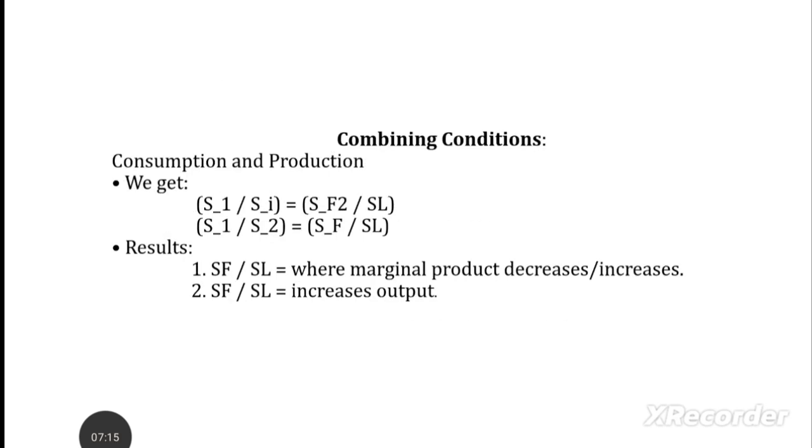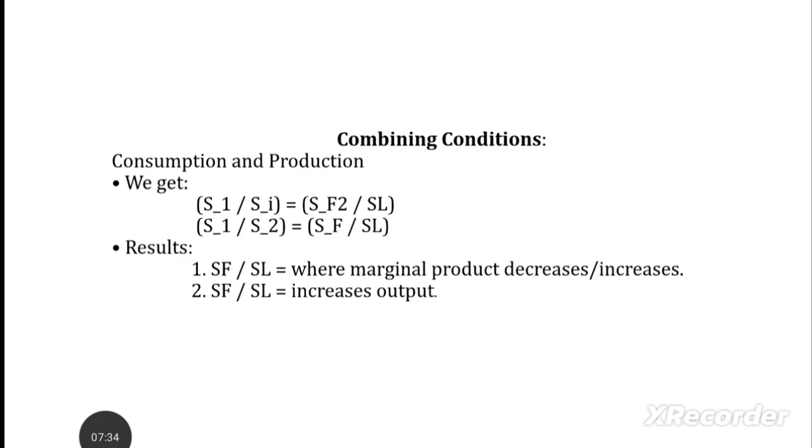Combining these two conditions for efficiency, consumption and production, MRTS must coincide with the rate at which a unit of good 2 can be transformed into a unit of good 1.